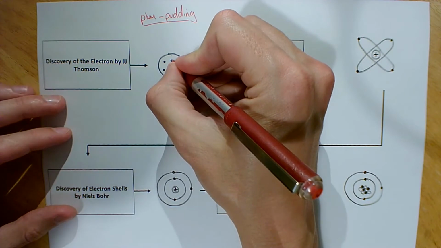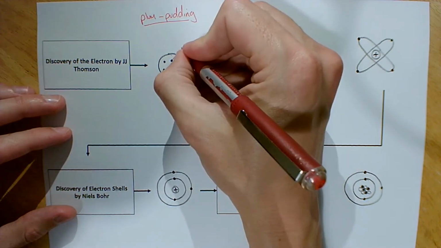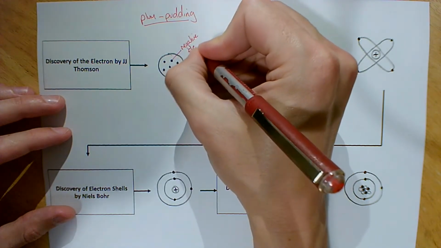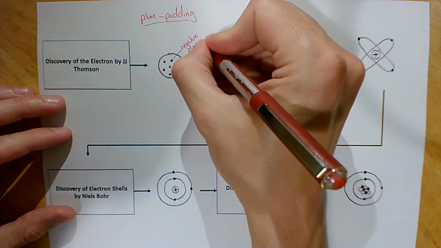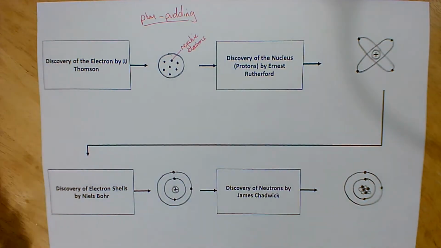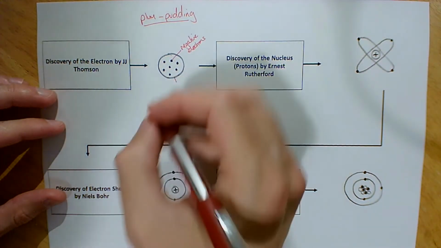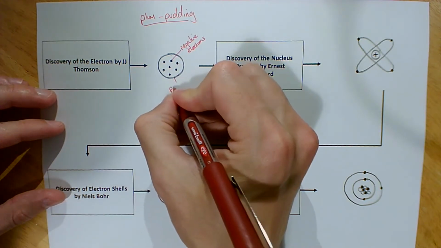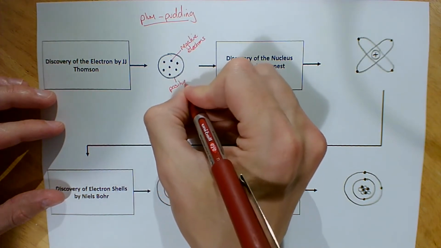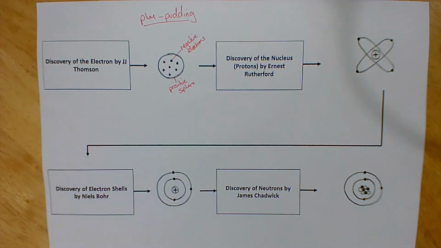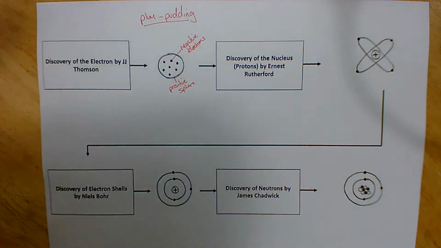So J.J. Thomson suggested that we had negative electrons scattered randomly in the atom, and that the rest of the atom was made up of a positive sphere to cancel out the negative electrons, so that overall the atom had no charge.